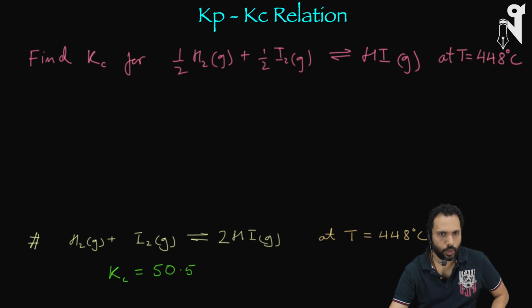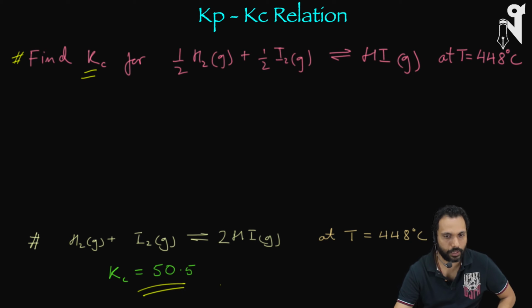Now here is another one. It is the same reaction. T is equal to 448 degrees Celsius. So they have asked the Kc value again. The reaction has been reported in this format: half H2 plus half I2 gives HI. So will the Kc value be the same as this 50? As discussed earlier, no, it won't be 50.